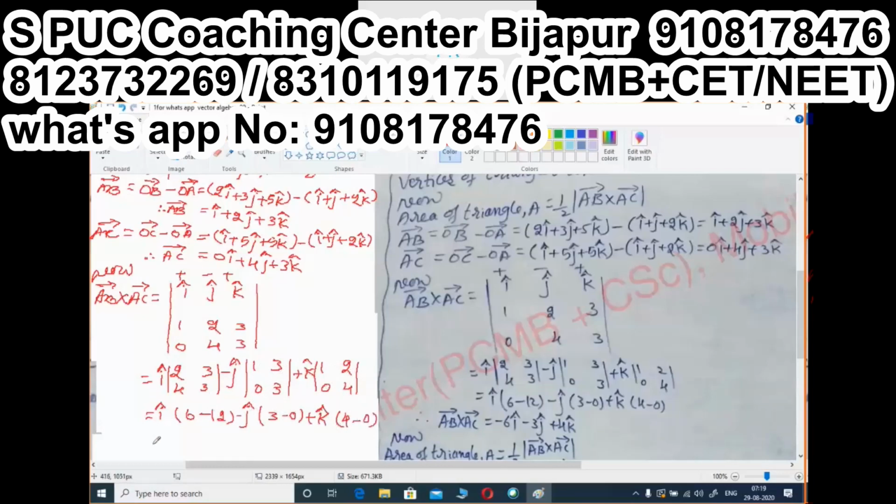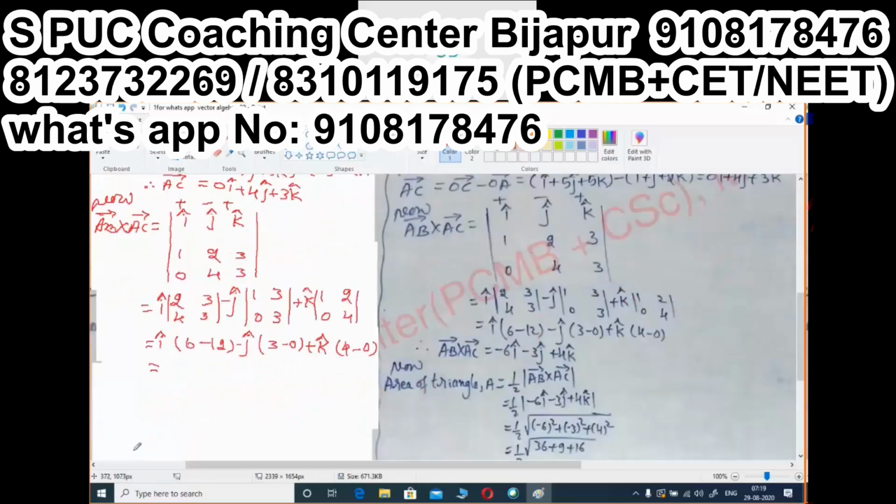So simplify that and tell me what AB cross AC vector you are going to get. Here you get 6 minus 12, that is minus 6 I cap. Next, minus J cap is there, 3 minus 0 is 3, so minus 3 J cap.